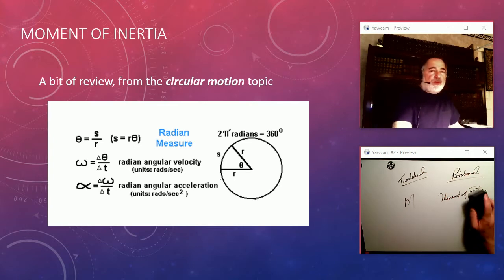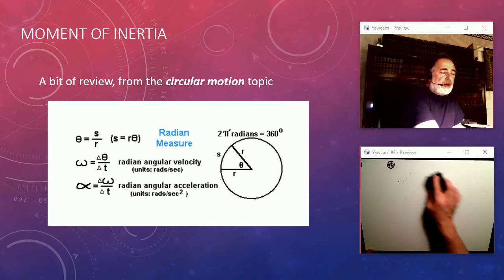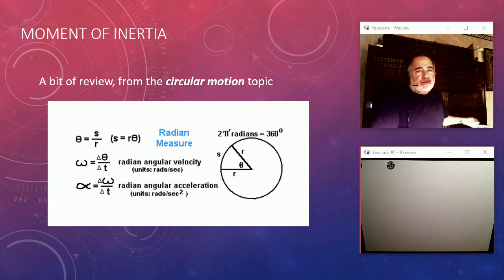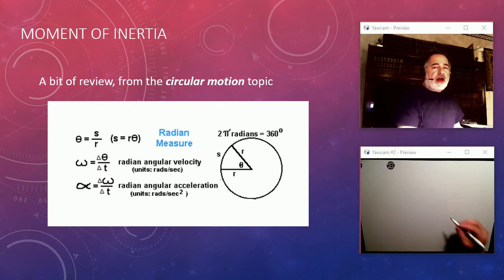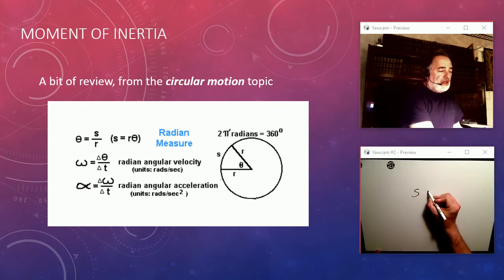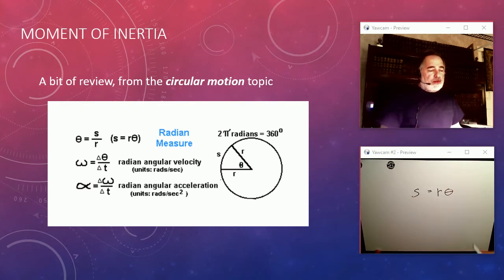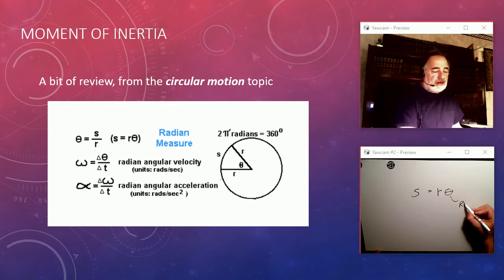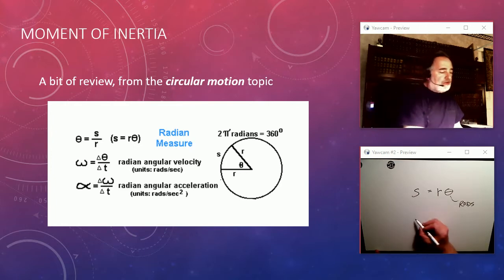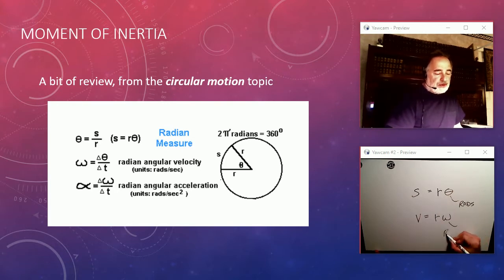Just a little bit of a review here. If you remember, when I rotate something, I think in terms of radians, and a distance in meters can be thought of as the radius times the number of rads, if you will. And of course, we have an equivalent of velocity in terms of rads per second.